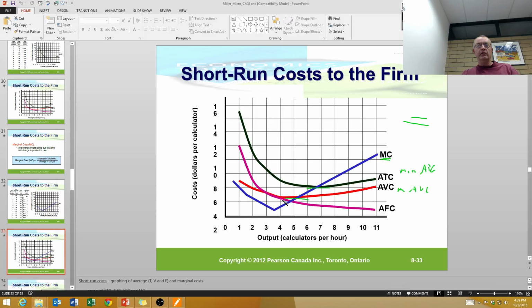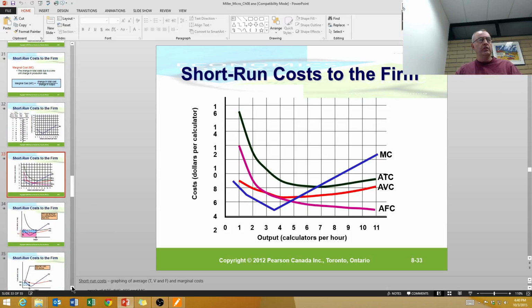That may not be apparent on this diagram, but these lines are kind of mixed up, but it's the way the math works. And so now we want to look at this to help understand how the marginal cost curve works. Okay, so just before we get there, we have one more diagram to go to first.